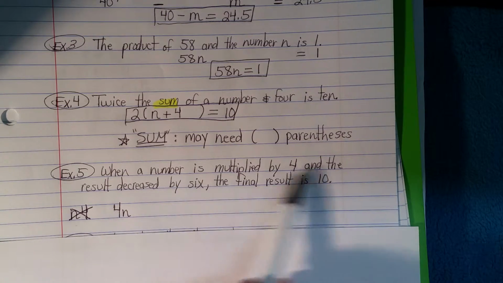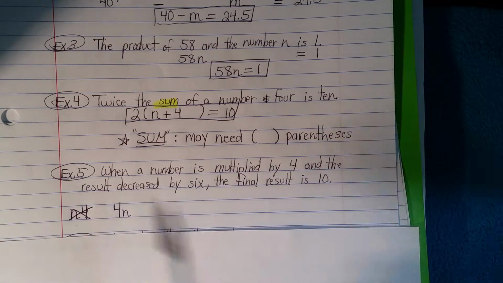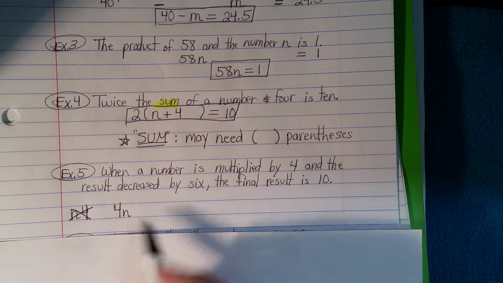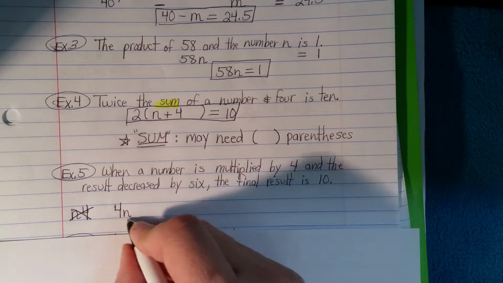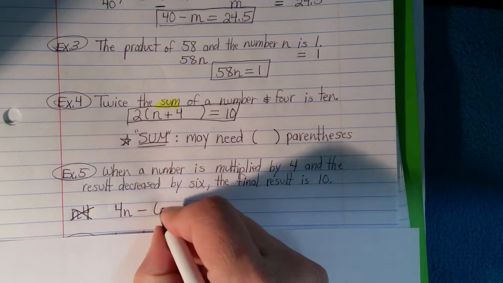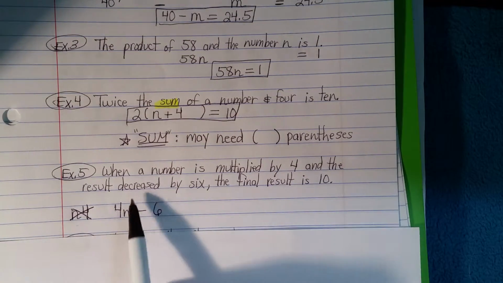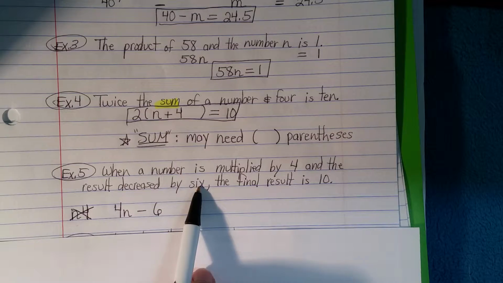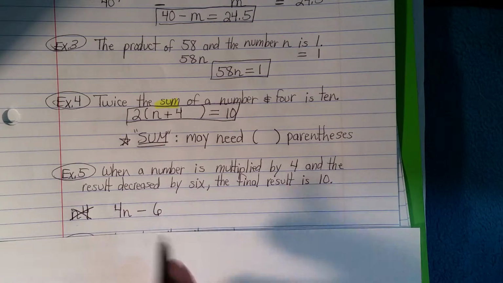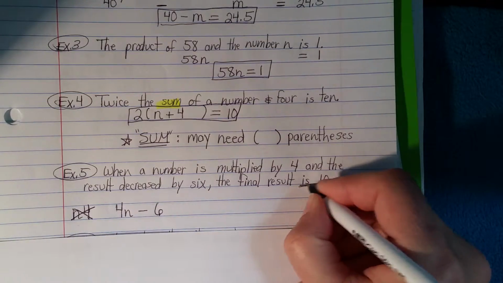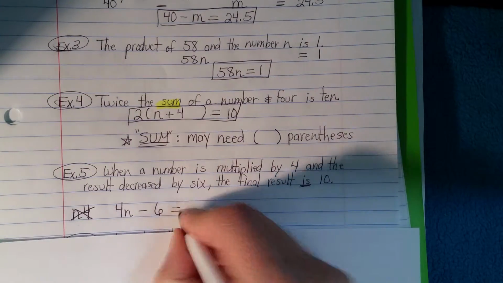When a number is multiplied by 4 and the result means the result of this, the 4n. When the result is decreased by 6, decreased by subtraction, so you're getting smaller by 6. You're taking 6 away from this product. The final result is, there's the is, 10.